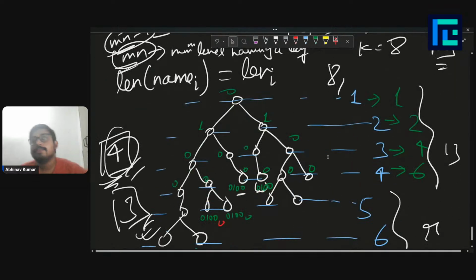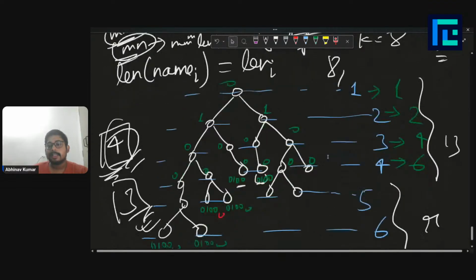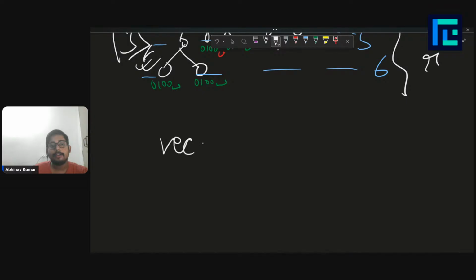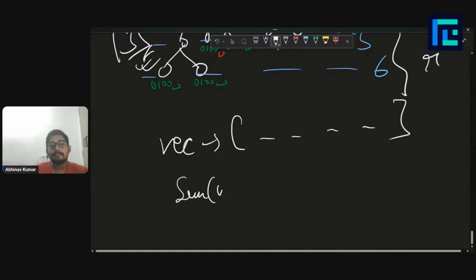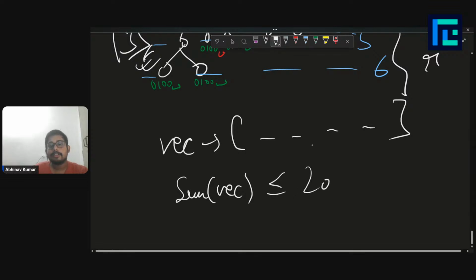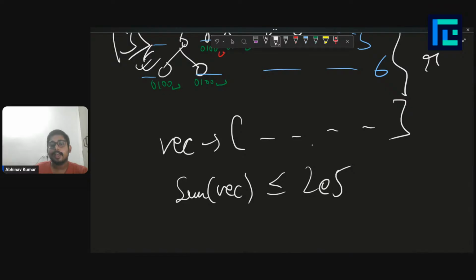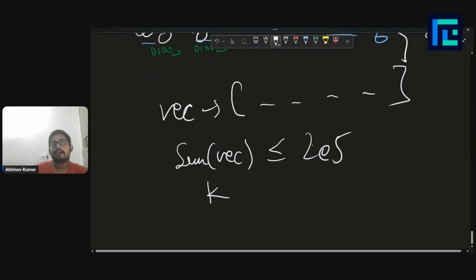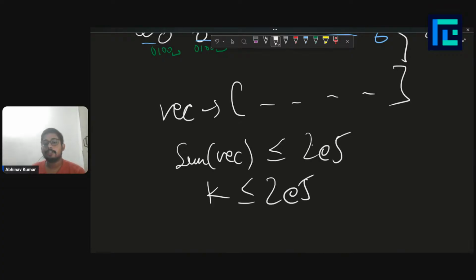Now what would be the complexity to apply the knapsack? You have basically a vector having some values such that the sum of the vector is less than or equal to n. N is 2 into 10 to the power 5, and k, for which I want to make a subset sum equal to k, is also up till n, so it can also go up till 2 into 10 to the power 5.